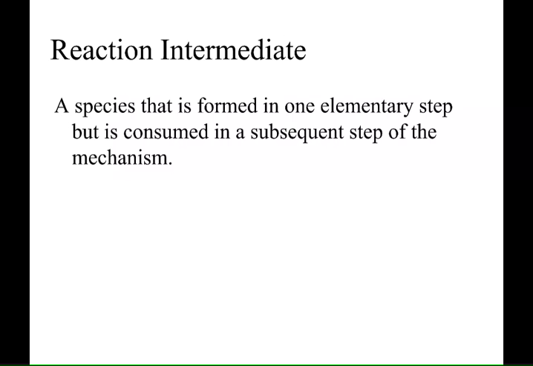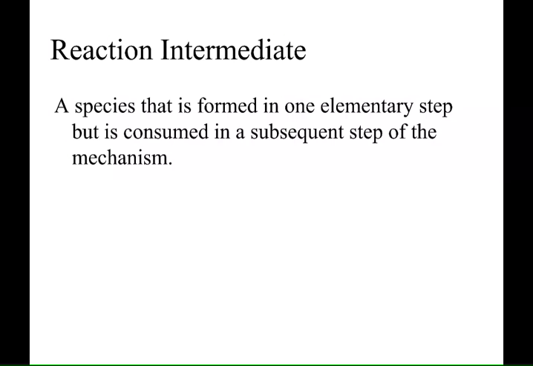Okay. Reaction intermediate: D as in dog was a reaction intermediate. We saw it when we explained the termolecular process actually occurring in two bimolecular processes. A reaction intermediate is kind of like the word intermediate might imply. It's in between.